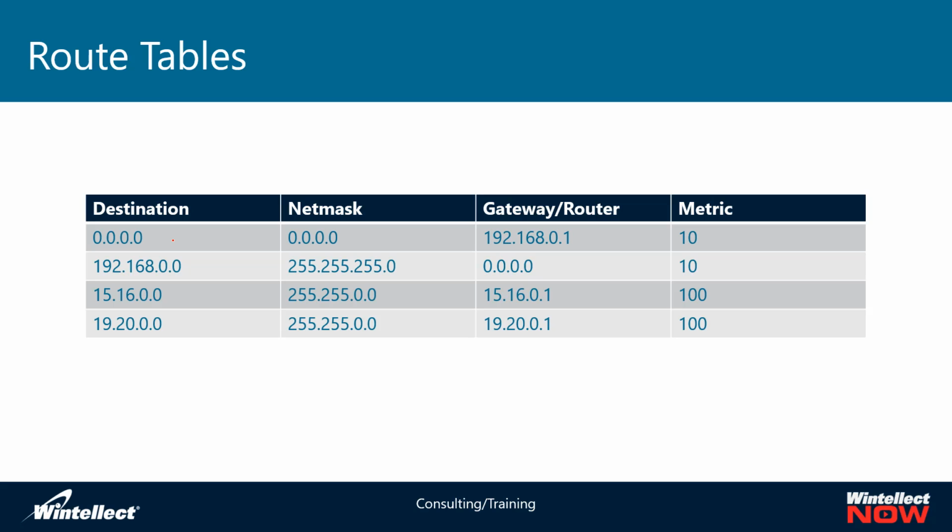And every device that's connected to a network has one of these in its memory, currently running right now, that will tell any packet that is received on that host or is being sent by that host what to do with it. And typically with a packet that's being sent, it starts with the destination. And what it attempts to do is match that packet against a destination and a net mask.